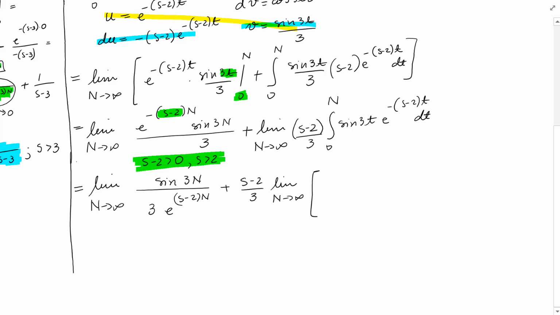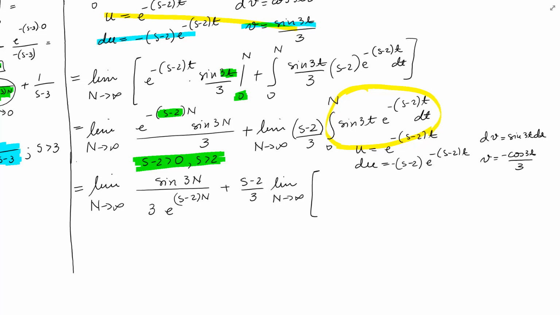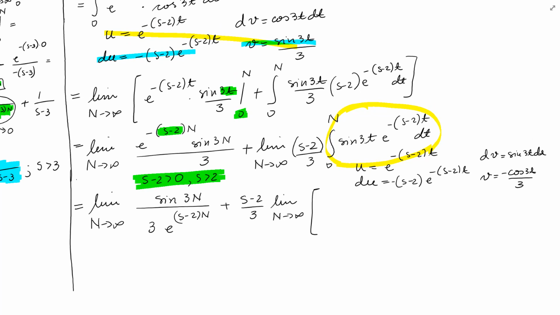And this integral here is actually, again, integration by parts. So let's pause and figure out u and v and so on. Using the same pattern as before, we chose u to be e to the negative (s minus 2)t, du is the derivative of that, dv is sine of 3t dt, and v is the integral of that, which is negative cosine of 3t over 3.